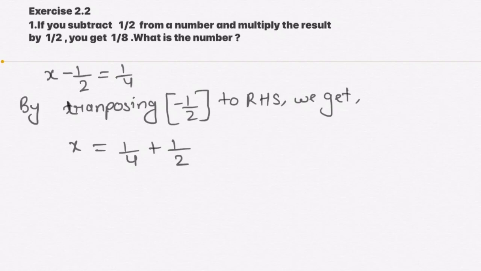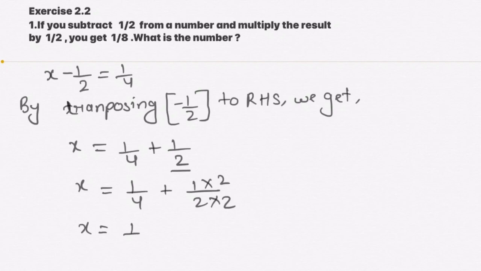Now if you see, the denominators of both fractions are not the same. For that, we need to make the denominators equal. The first fraction has 4 as a denominator and the second fraction has 2. We can easily make this 4 by multiplying both numerator and denominator of this fraction by 2. So the resultant equation is x is equal to 1 by 4 plus 2 1s are 2 upon 2 2s are 4.